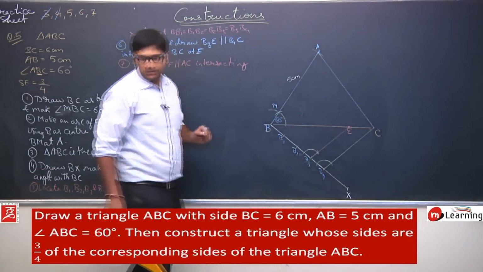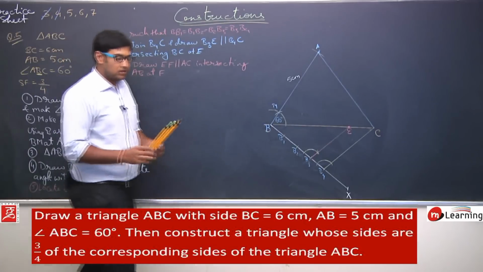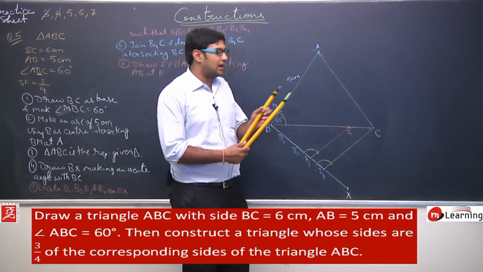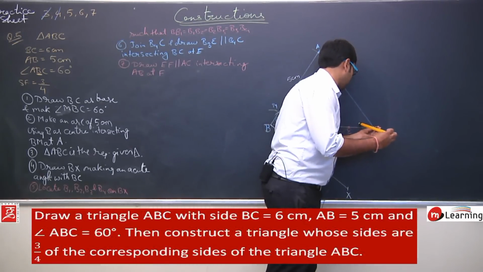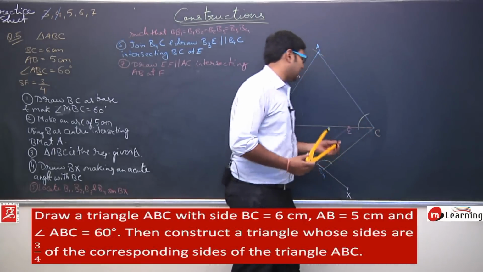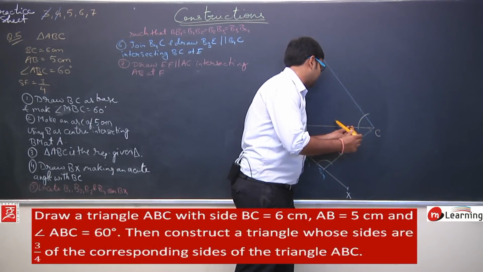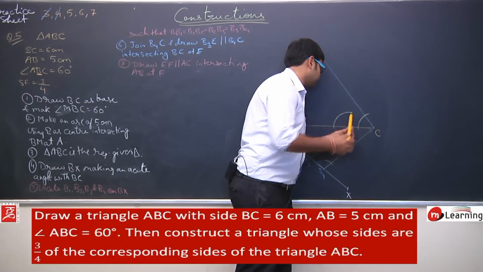So let's draw the parallel line. What I will do, again take some random radius and using C as center draw an arc like this, and using B as center draw an arc like this.